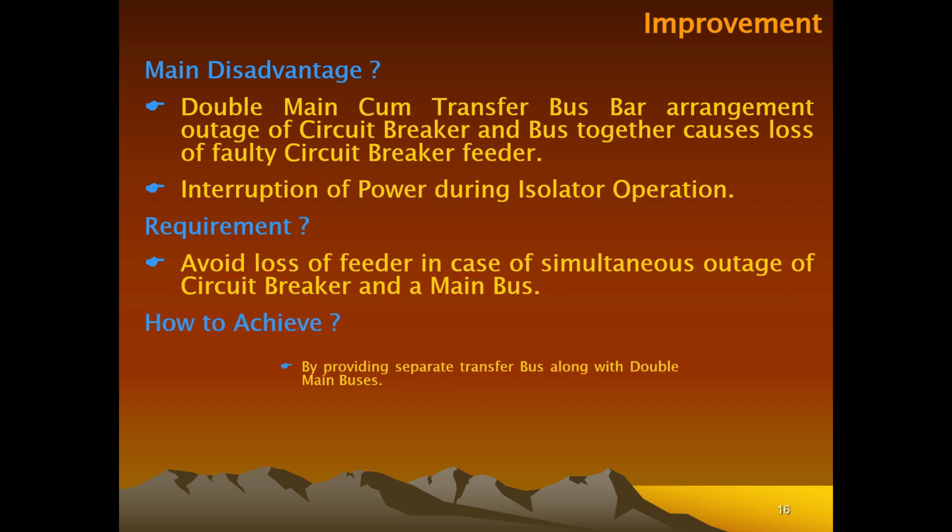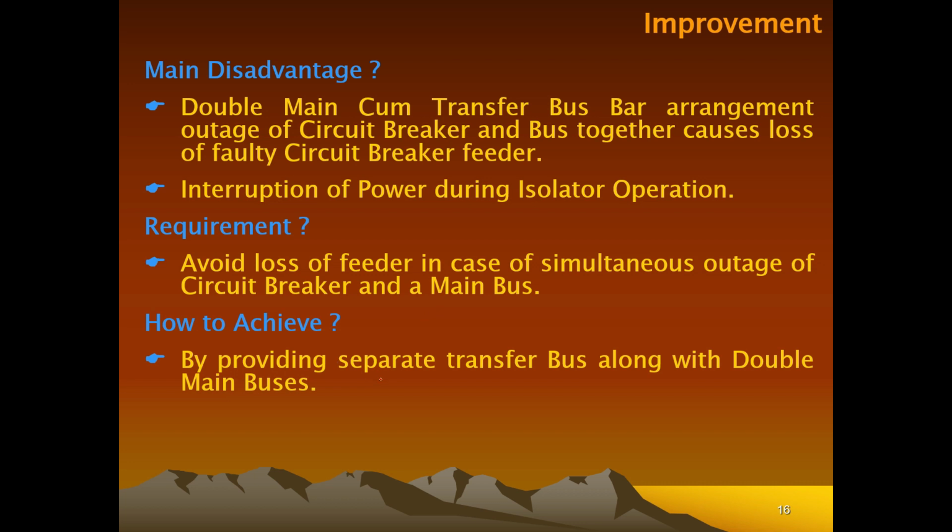So how to achieve this? By providing a separate transfer bus. So now we will use a separate transfer bus along with double main buses. So now you have double main buses and a separate transfer bus. This is the separate transfer bus. That means double main and separate transfer. So this is the double main and transfer bus bar arrangement.